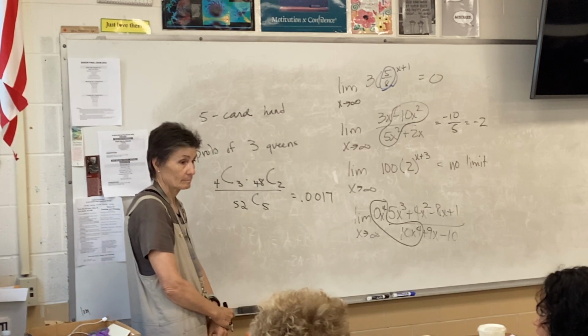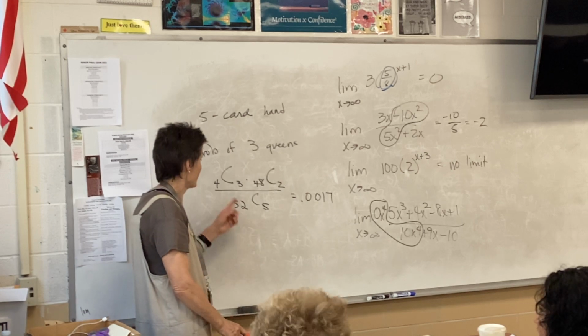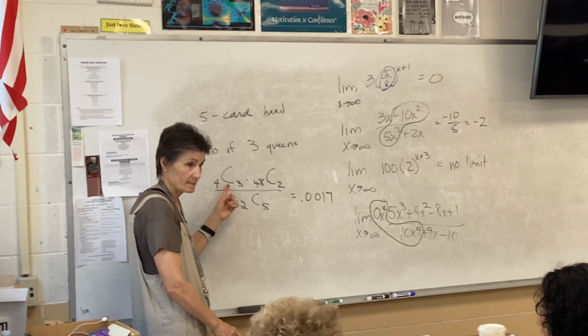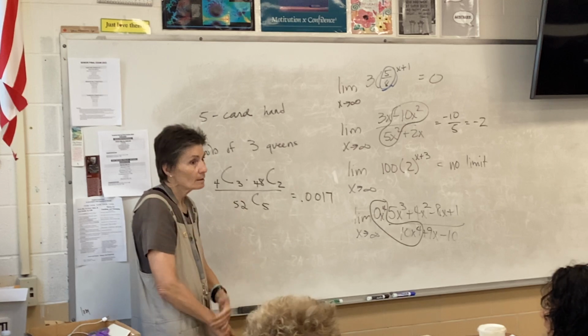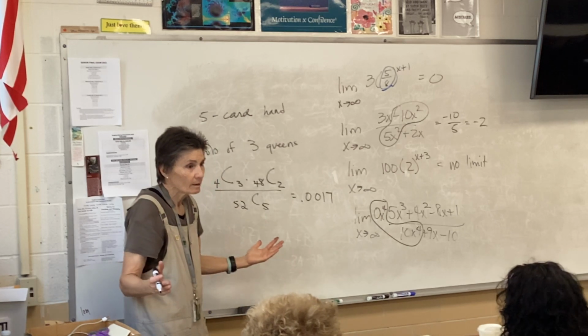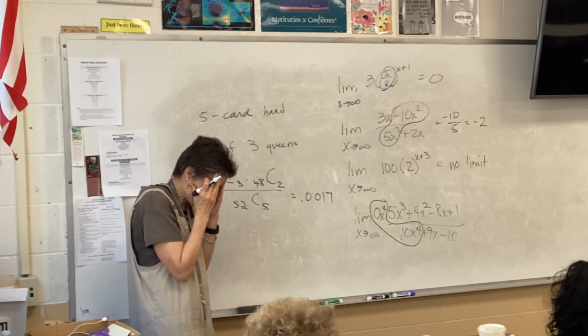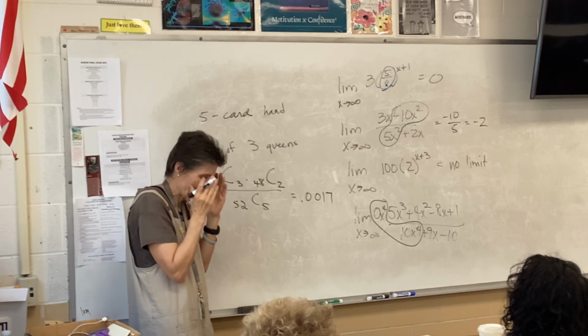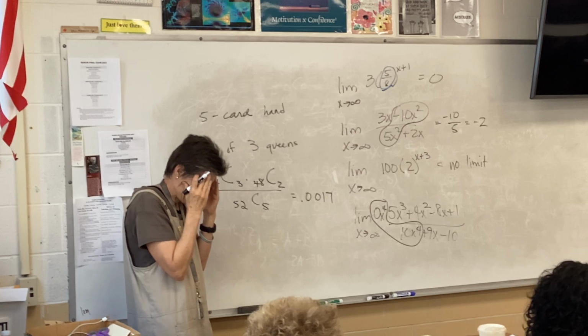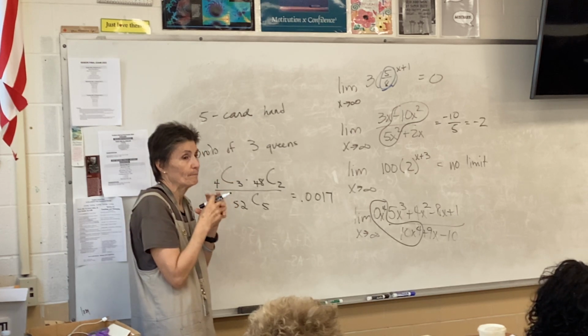How do you put this in the calculator? 4 C. Do you know where the C is? No, that's why I don't know how to do it. That's how I feel when I took this test. Okay. That's why I'm here. I'm trying to calm down now. Somebody tell her, where does she get the C?